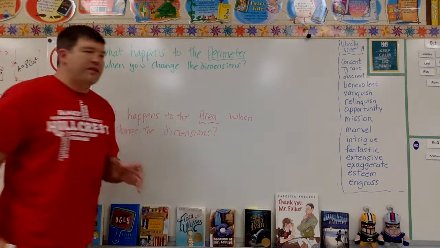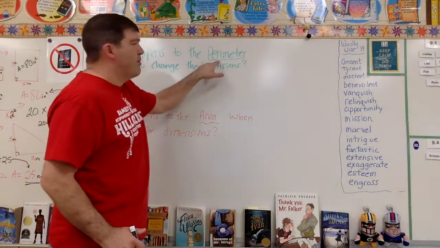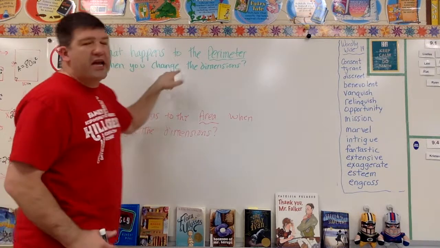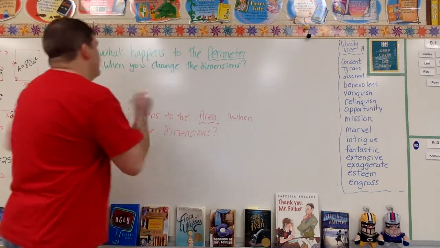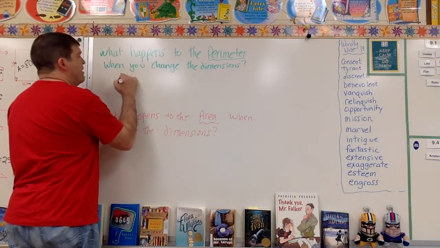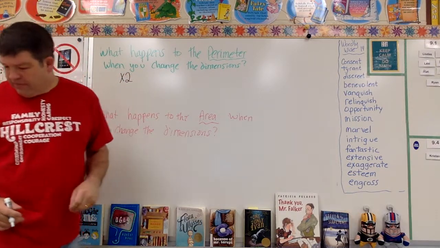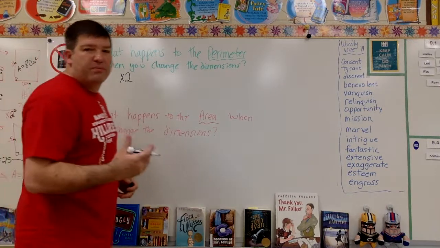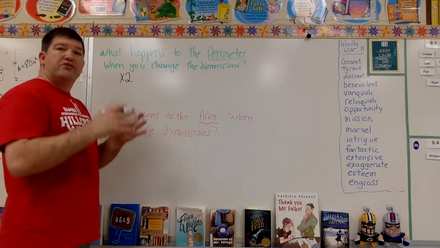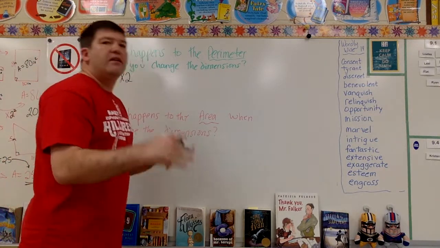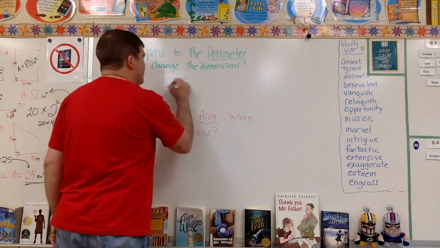The big questions are this. What happens to the perimeter when you change the dimensions? Okay, if I change the dimensions by, say I change it by times 2, then it's going to be real simple. If the dimensions change by times 2, the perimeter changes.